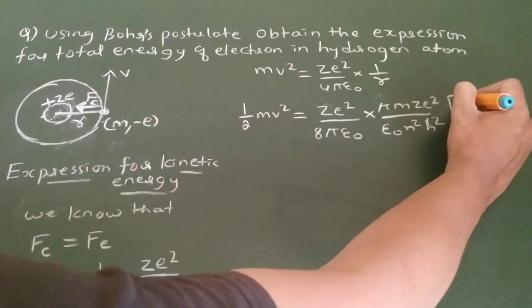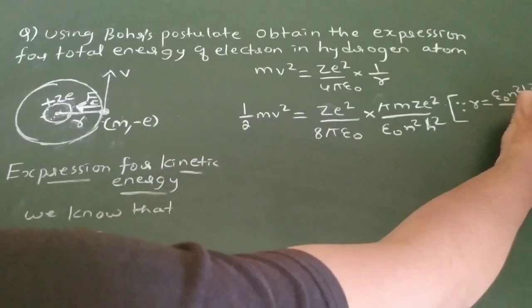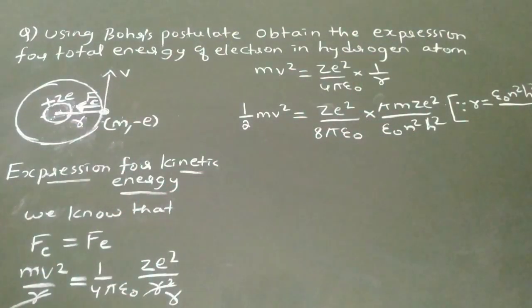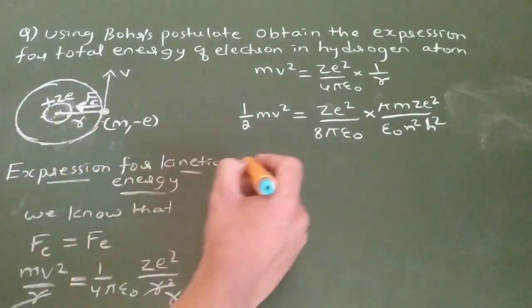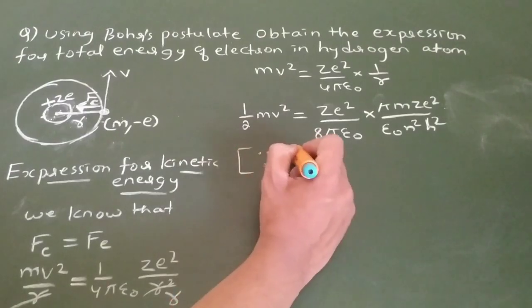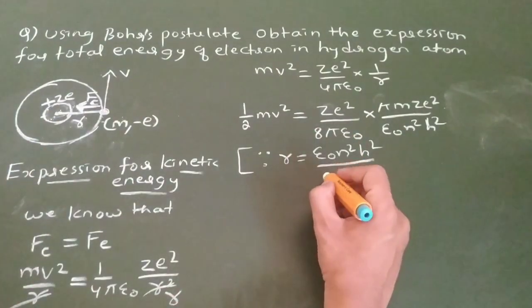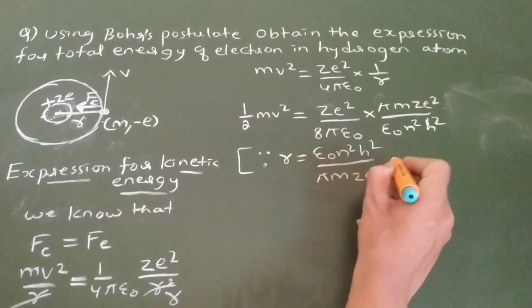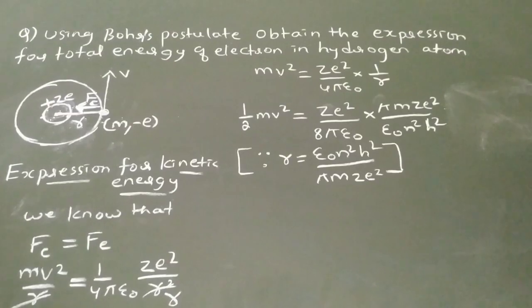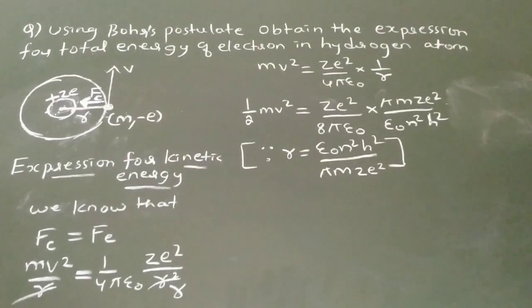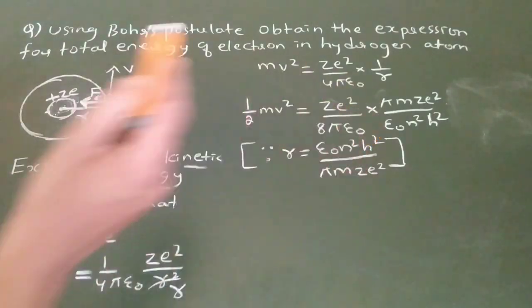Because r is equal to epsilon naught n square h square divided by pi m into Z e square. So 1 by r can be written like this.